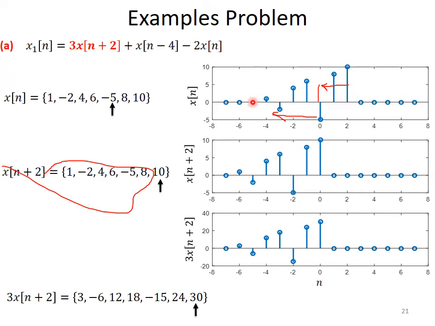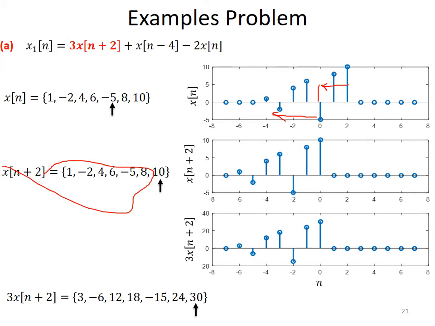So this is x of n. We'll shift it towards the left by 2 units. It means the sample that appears at n equal to 0 in the original would be at n equal to -2 in the shifted version. Here you can see this sequence is shifted 2 units towards the left side.